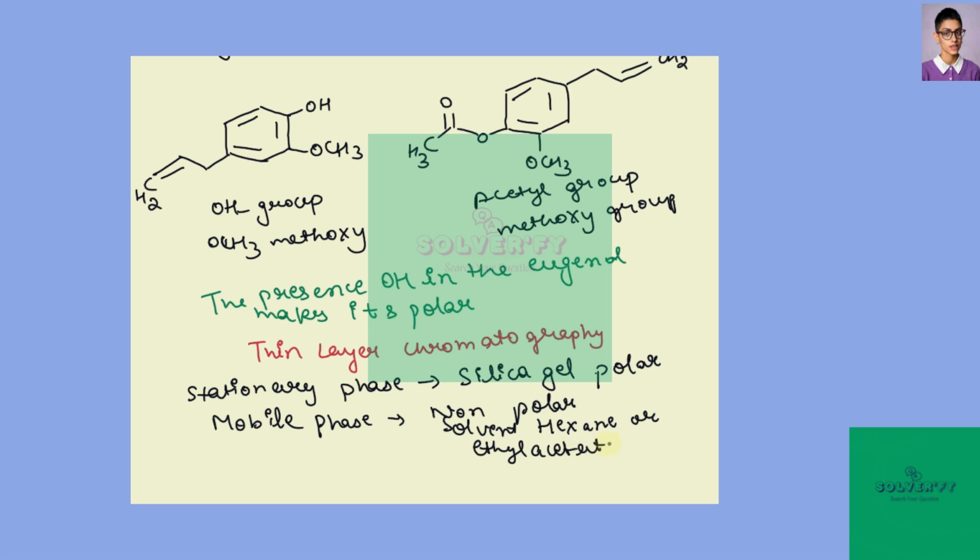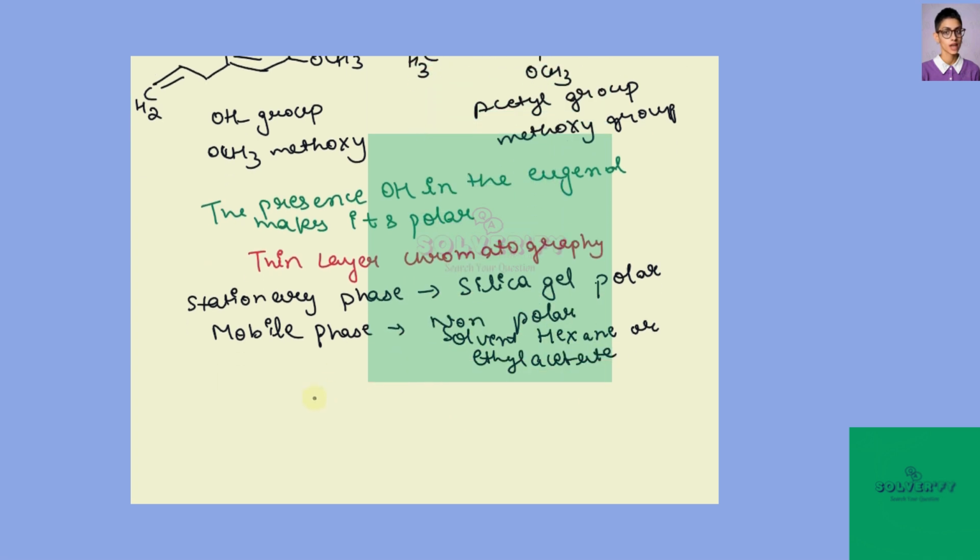Firstly, the thin layer plate is prepared. This plate is made of glass, then silica is coated over it and it is dipped in the solvent. The solvent used is non-polar, so this is the mobile phase.